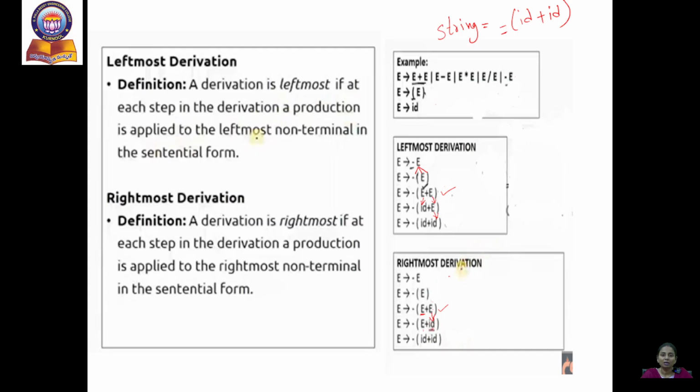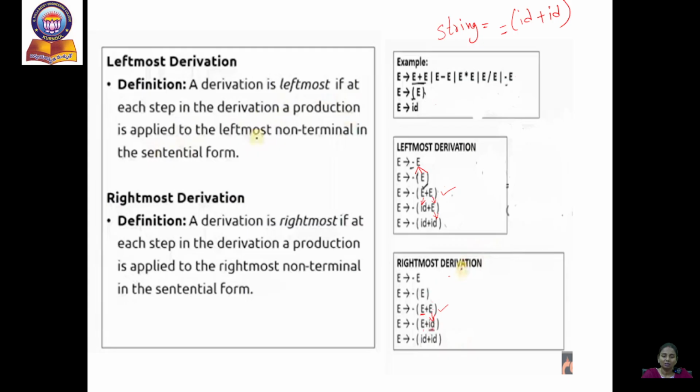So by using the same grammar to get a desired output string, we can construct a parse tree in more than one way. Either we can use more than one leftmost derivation or more than one rightmost derivation. In such cases we call the grammar ambiguous.